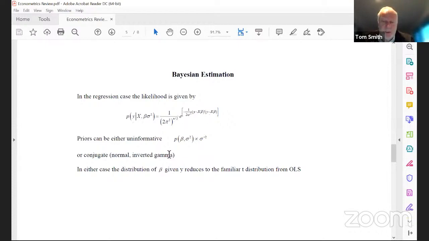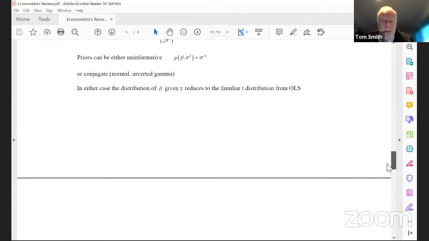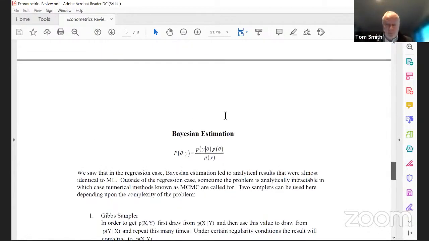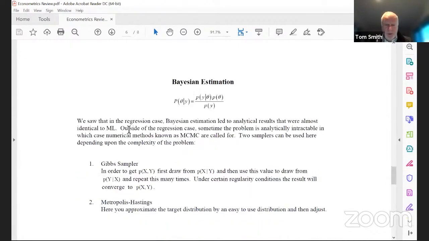Something that goes with a normal distribution is a normal, because they're both e to the minus, or the inverted gamma. In either case, the distribution of beta given y reduces to the familiar t-distribution from ordinary least squares, from maximum likelihood. So in that regression case, you get almost identical results.